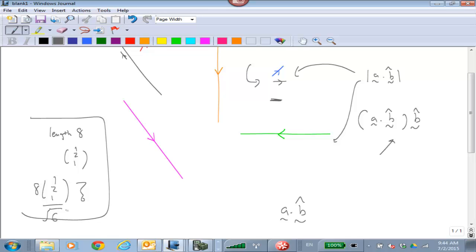Make sense? So therefore, now if you actually want the projection vector, I know the length already: A dot B hat. But how to give it the direction? Times the B hat. And then the negative from the A dot B hat will tell me whether it's in the opposite direction or in the same direction.